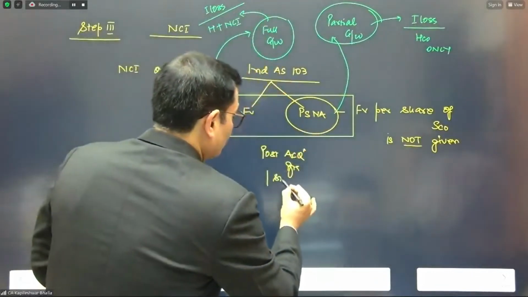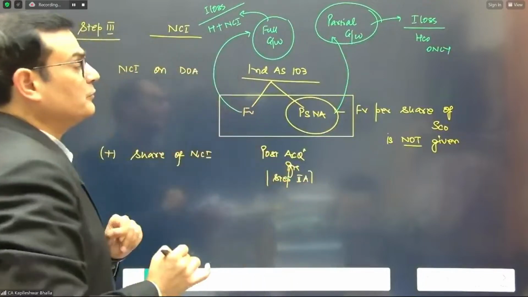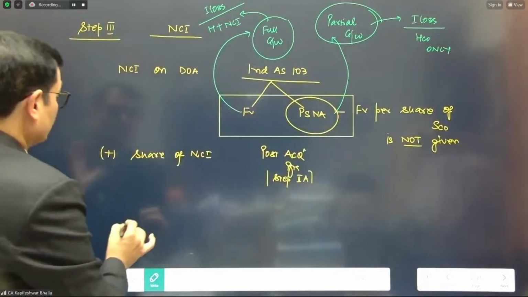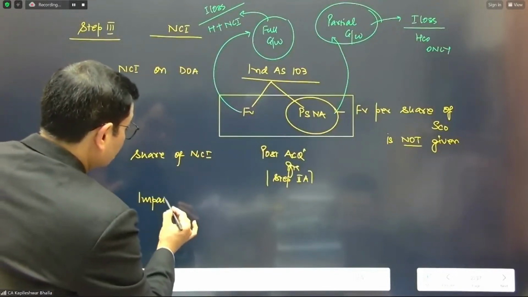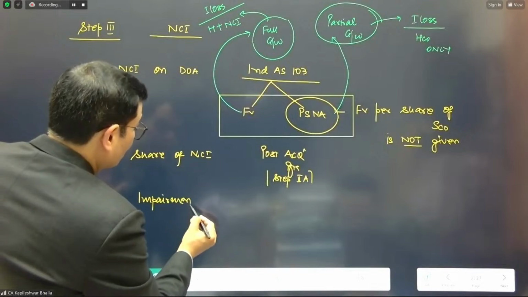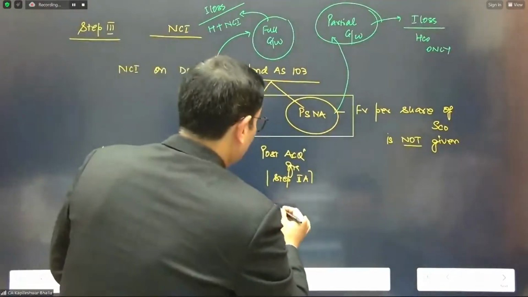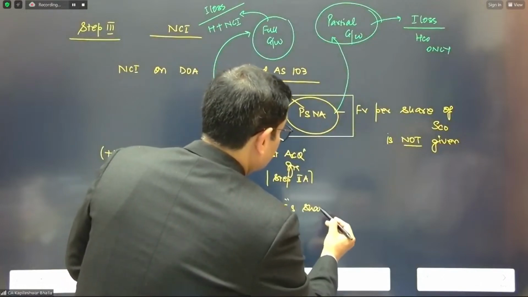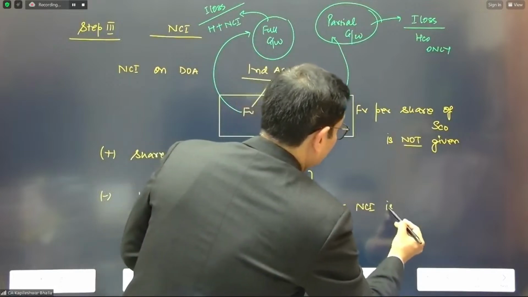So this is what you're going to get from step number 2A, that is analysis of the equity. And since we are working on complete inputs, you should also reduce the impairment of goodwill, which is NCI's share, if NCI is at fair value.